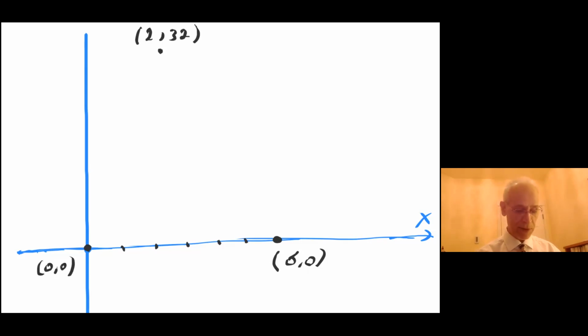And remember that we said at 0, 0, the multiplicity was 1. It's odd, so the graph crosses over the x-axis. So at this part right here, I have a crossover.